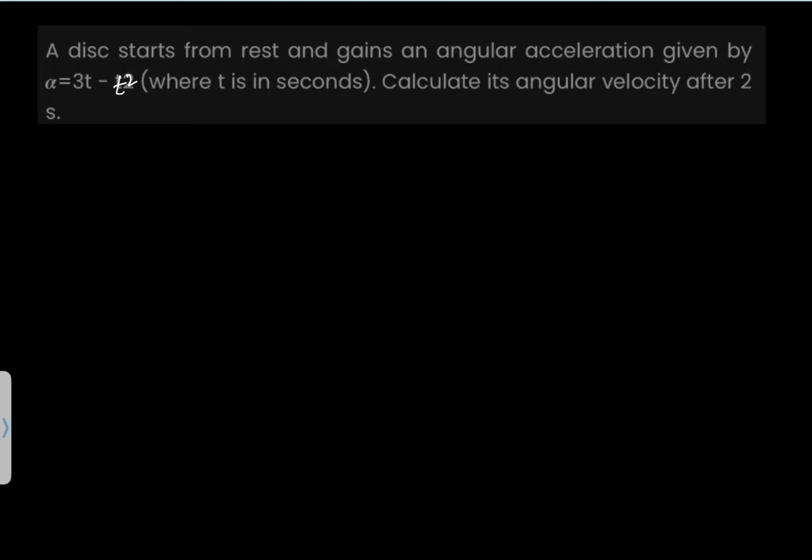So when alpha is variable, the relation between alpha and omega is alpha equals d omega by dt. So alpha dt equals d omega. Now I have to integrate both the sides. I'll start with initial angular velocity 0 because it starts from rest, and then it reaches some omega value. We need to calculate this omega, and time is 0 seconds to 2 seconds.